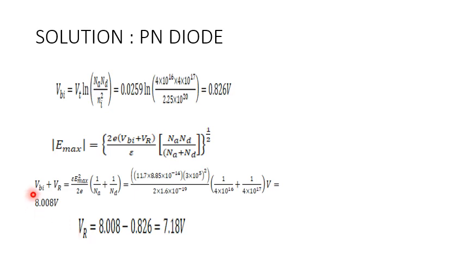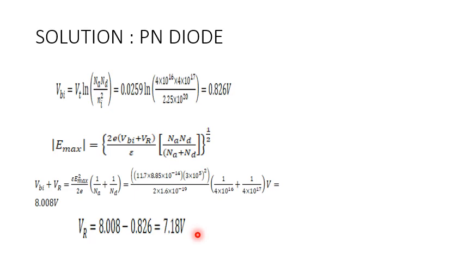So the magnitude of reverse voltage plus built-in voltage is equal to E max squared times epsilon over 2q times (1/NA + 1/ND), and we will find the reverse voltage as 7.18 volt.